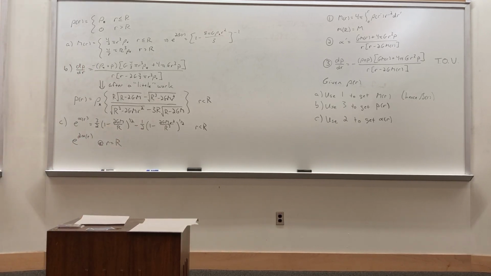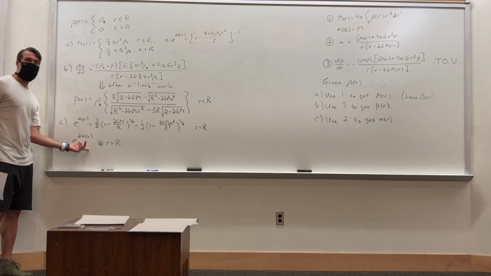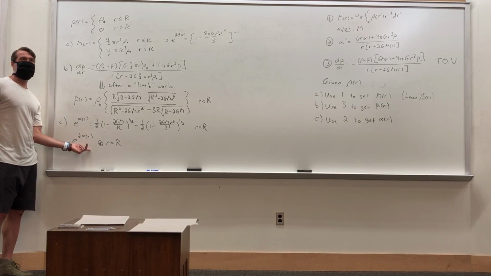Can anybody tell me what e to the 2 alpha r at r equals big R is equal to? Does anybody know what the importance of this is? What role does this play? That's in the time TT part of it.